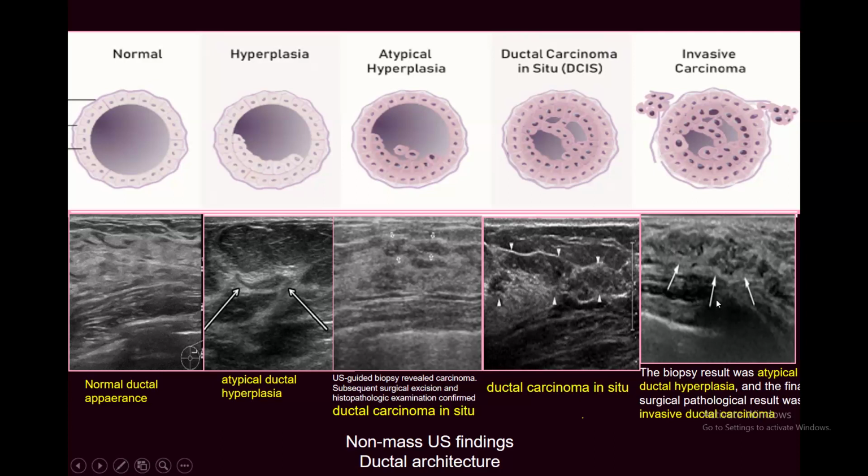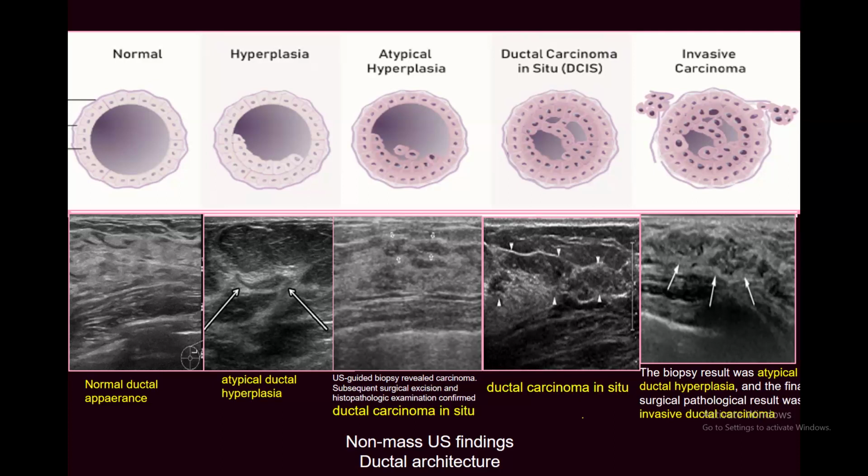And as you know, from this example we can understand that in the same lesion we can find all of these: normal hyperplasia, atypical hyperplasia, DCIS, and an invasive component. We can find all these together in the same lesion, and that is why, if the imaging is suspicious, biopsy is recommended.